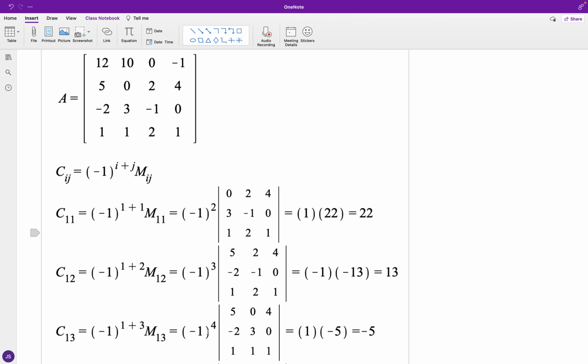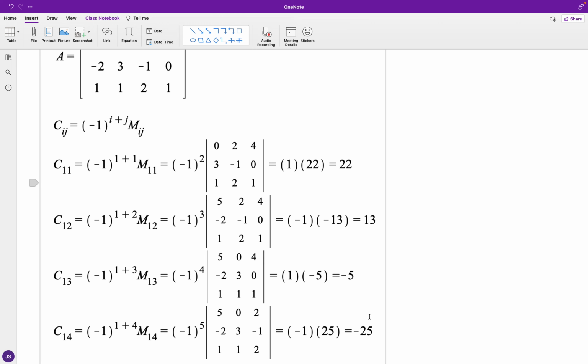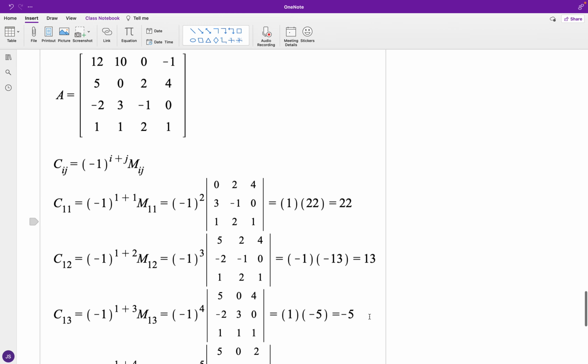And for the minor of the first row, third column, what would be left exposed is 5, 0, 4, negative 2, 3, 0, 1, 1, and 1. If I were to take the determinant of this 3x3 section, it would come out to negative 5. And for negative 1 to the fourth, we have 1, multiplying by negative 5, and the outcome is minus 5.